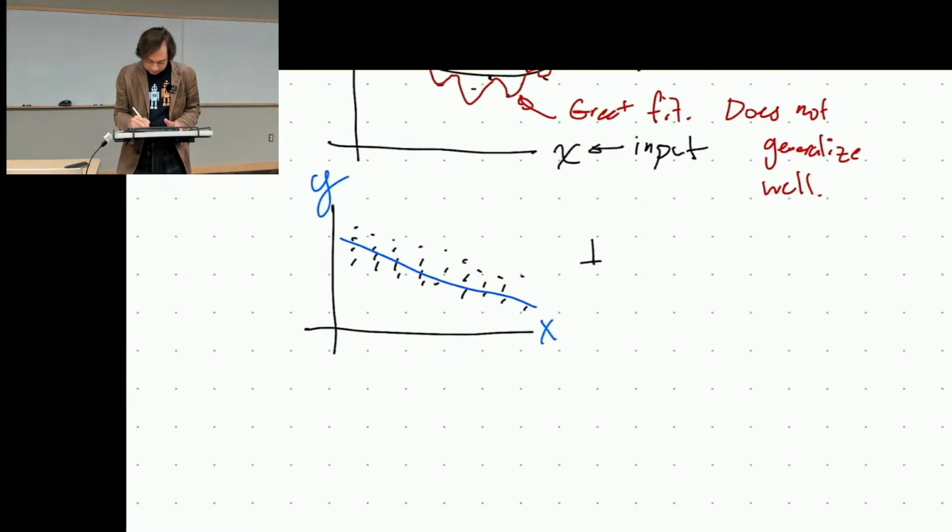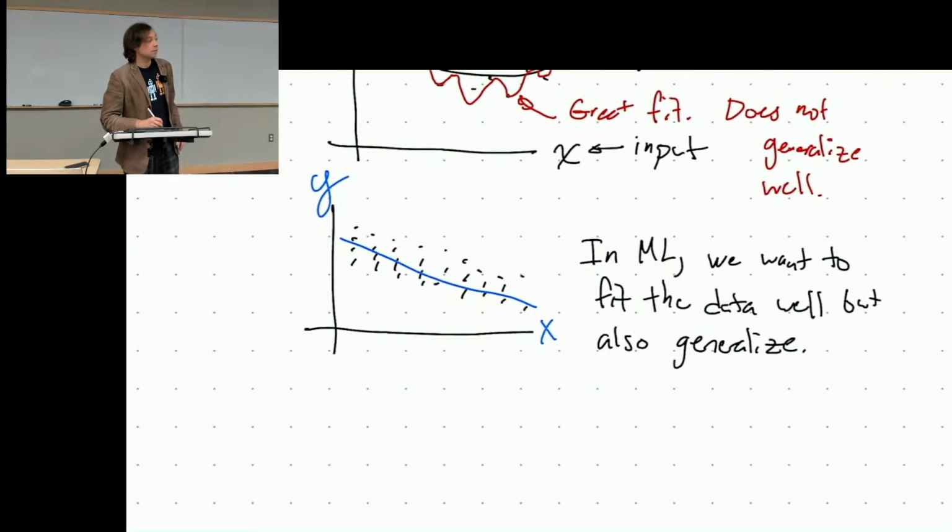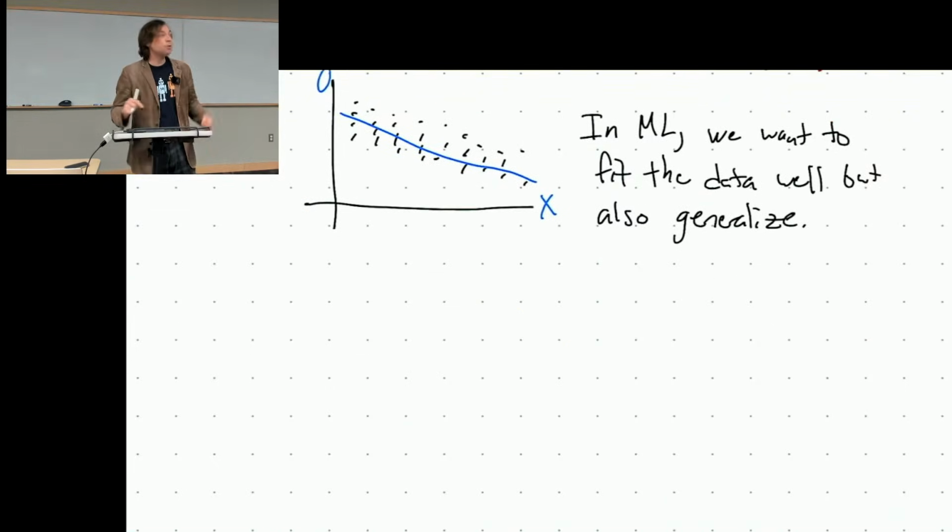So in ML, we want to fit the data well, but also generalize. Okay. All right, that's what we mean. That's what we know when we look at that. Like in our heart of hearts, we know it's bad, okay, when it does all those data points in all those weird ways. But we specifically mean it generalizes well.